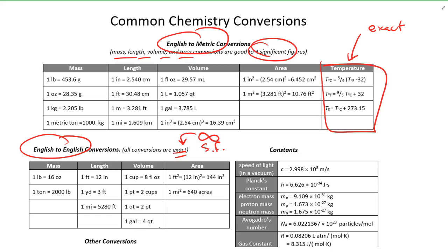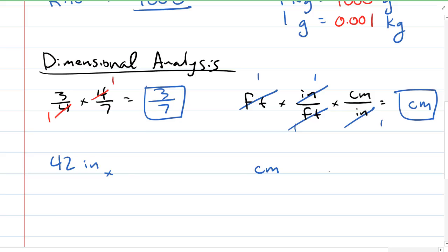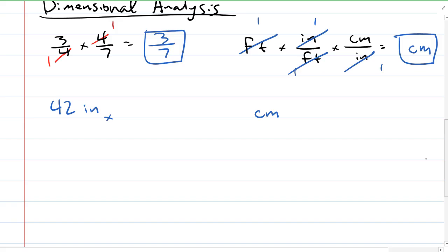Inches will need to go on the bottom, and the centimeters will need to go on the top. We set it up this way because we want the units to cancel out.